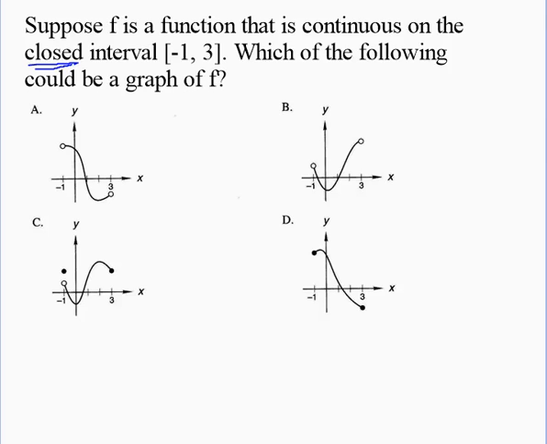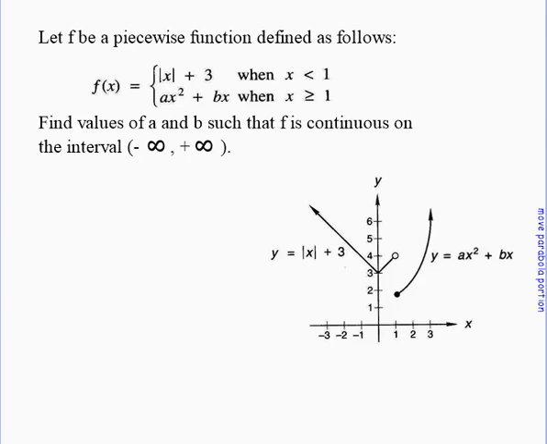These are defined at -1 and 3, but this one, the right-hand limit doesn't equal the value. So this is our only option where it's continuous. The right-hand limit equals the value at -1. The left-hand limit equals the value at 3. So D is the choice there.